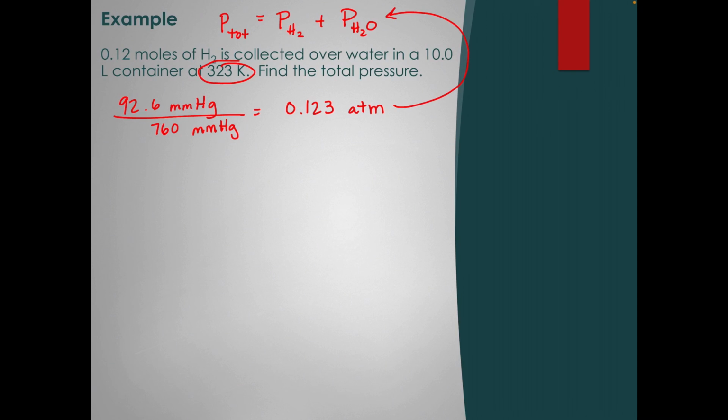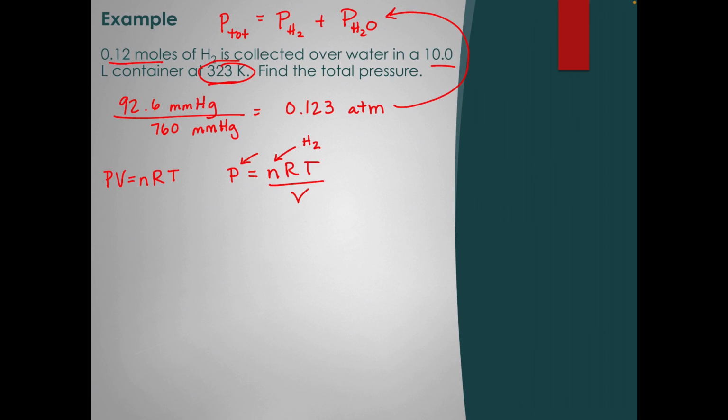That's our water vapor. So now we need to find our pressure due to hydrogen. If you look, we have moles, we have liters, we have temperature. That looks like an ideal gas law problem. So we have PV equals nRT, and solving for pressure, P is nRT over V. Since we're trying to find our pressure due to hydrogen, we need to use our moles of hydrogen.